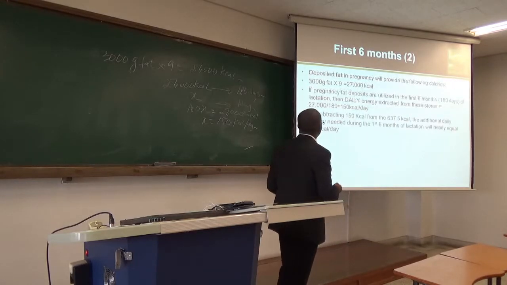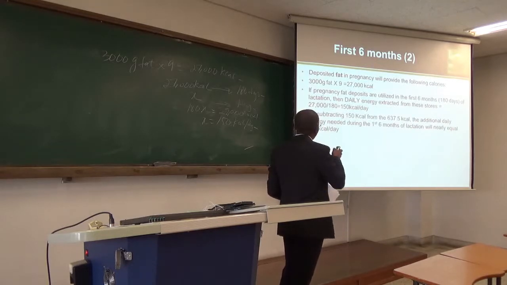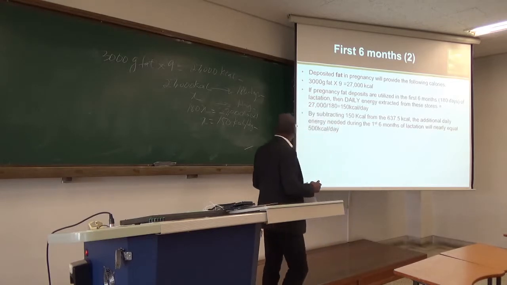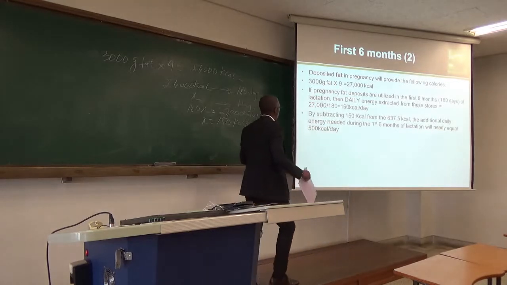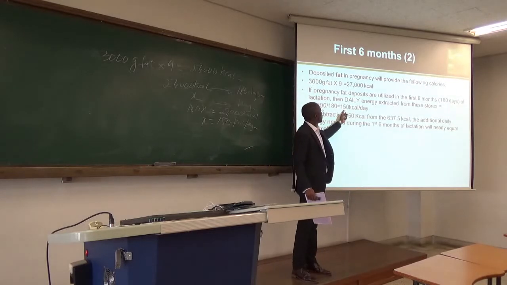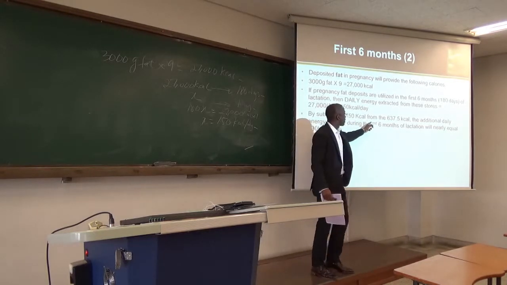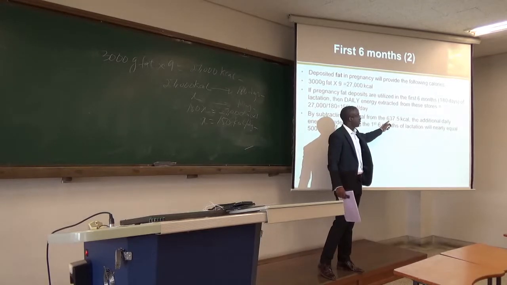Okay, so now what do we have? I put 0.5, but we can stop at 637, right? So now what do we do? I have 650 kilocalorie per day. Okay? So by subtracting 150 kilocalorie from 637, right?